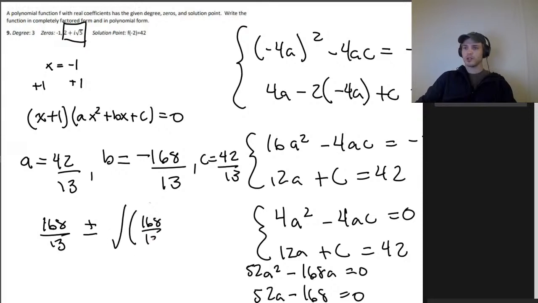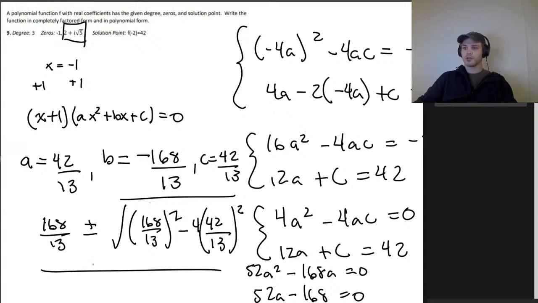So it'd be 168 over 13 squared minus 4ac, which happens to be the same, so I'll just square it, over 2a.